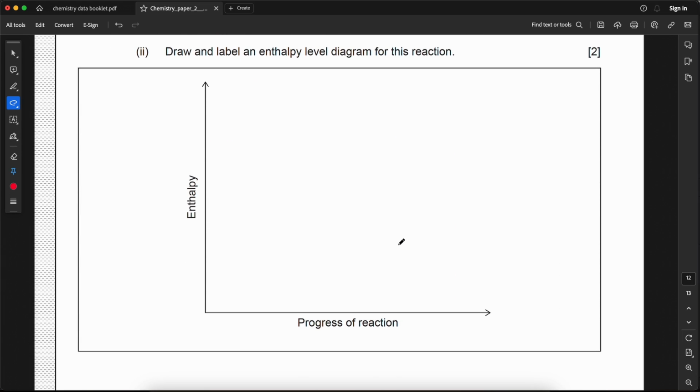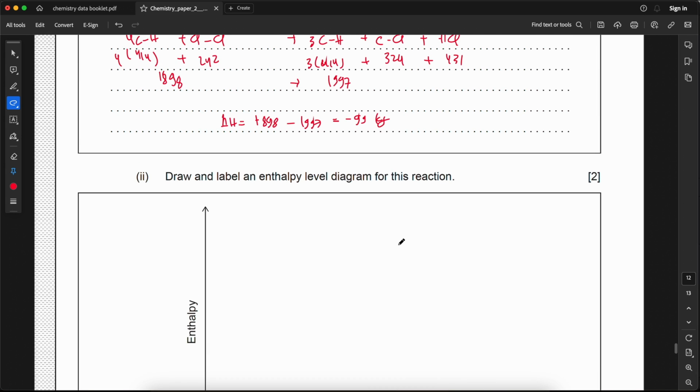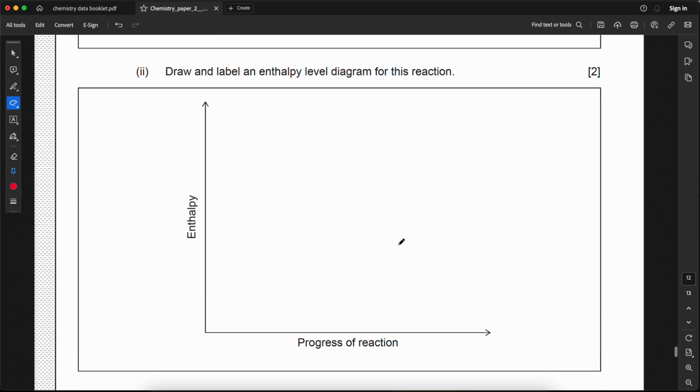Draw and label an enthalpy level diagram for this reaction. It's negative, so it's exothermic. So for exothermic, the enthalpy will decrease, so it's negative. Therefore, the enthalpy of the reactants should be higher than the products.